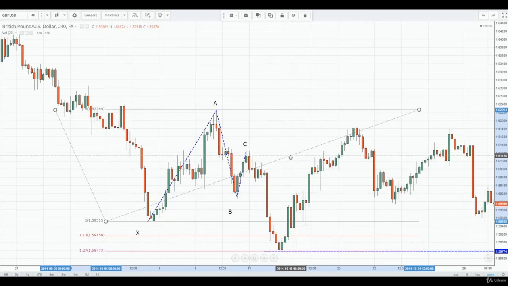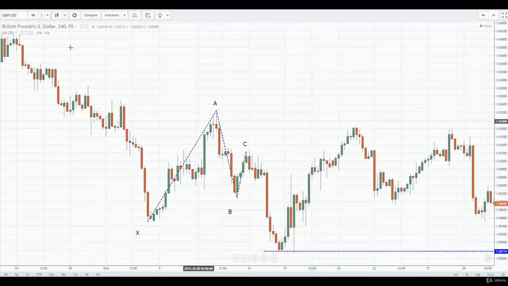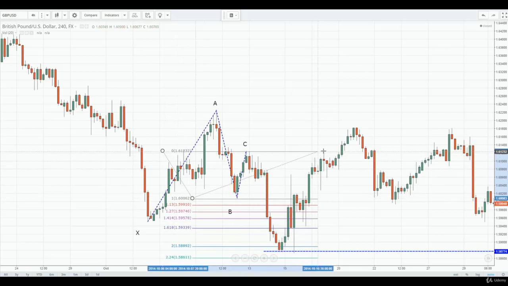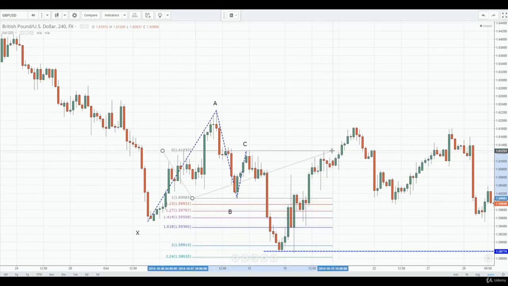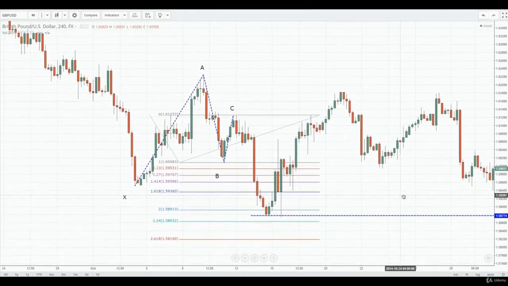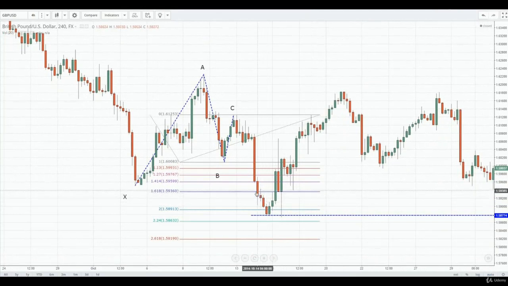And then we are also looking for a BC projection of 1.618 to 2.618, and let's see where this comes in at. So we have a 1.618 to 2.618, and I'll take this off a little bit so you can see that we have a pretty wide area. Ideally, we are looking for a 1.618 to 2.24.